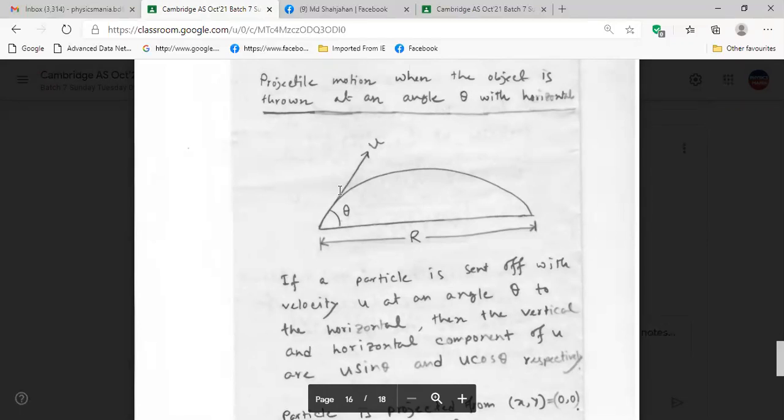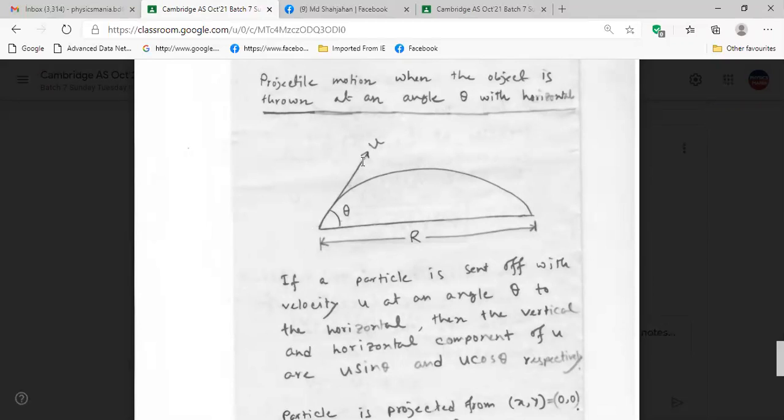Now, today we are going to study projectile motion when the object is thrown at an angle theta with the horizontal. Look, you are standing on the ground and throwing the object at an angle theta with the horizontal, and when you are throwing, the velocity is u.